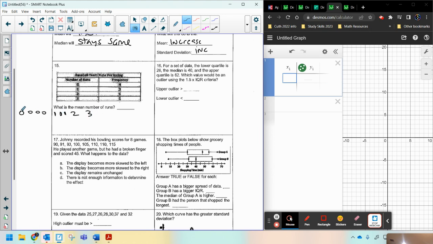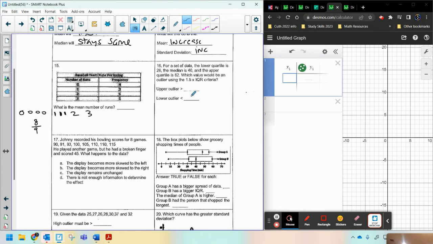We're going to add up all these. That's 0, then 1, 2, 3, 4, 5, 6, 7, 8. That's 8 divided by the number of innings, 1, 2, 3, 4, 5, 6, 7, 8, 9. 8 divided by 9. Let me just make sure that's right. Yep. Whatever 8 divided by 9 is, that is going to be your answer.